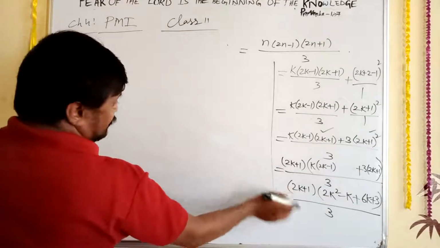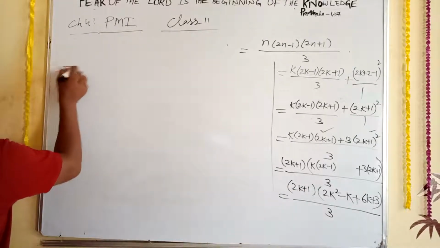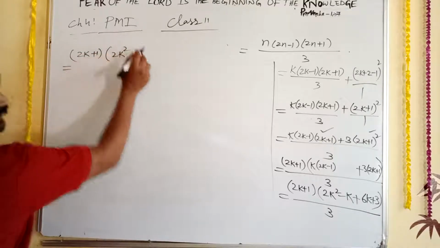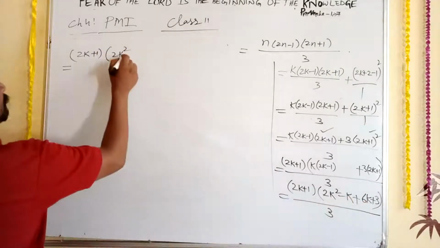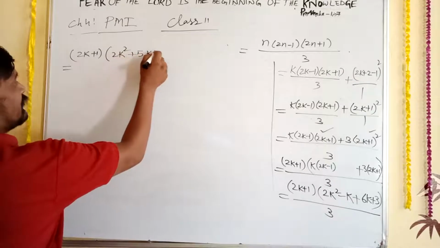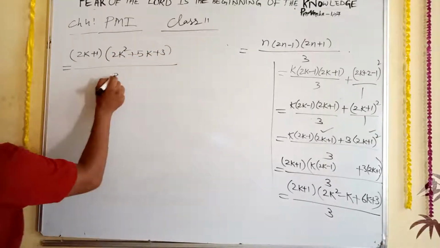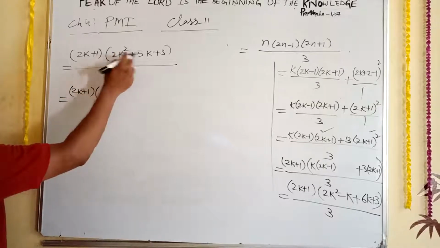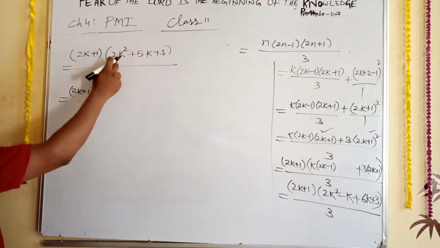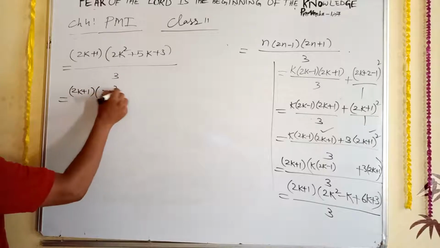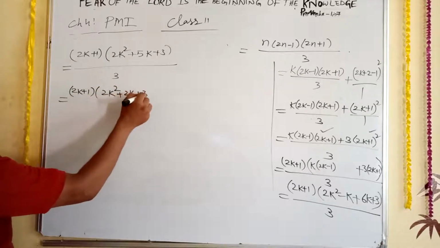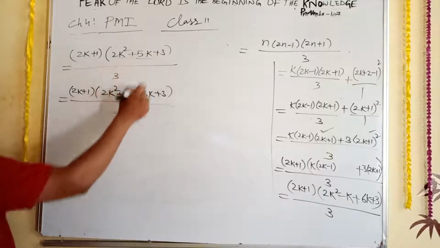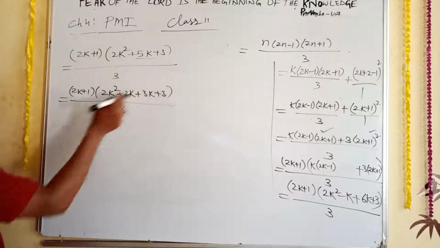And now what is left is that part. That is equal to (2k plus 1)(2k square plus 6k minus k plus 3) upon 3, so 2k square plus 5k plus 3 upon 3. Now 2k square plus 2k plus 3k plus 3 upon 3, so 5k was split into 2k and 3k.